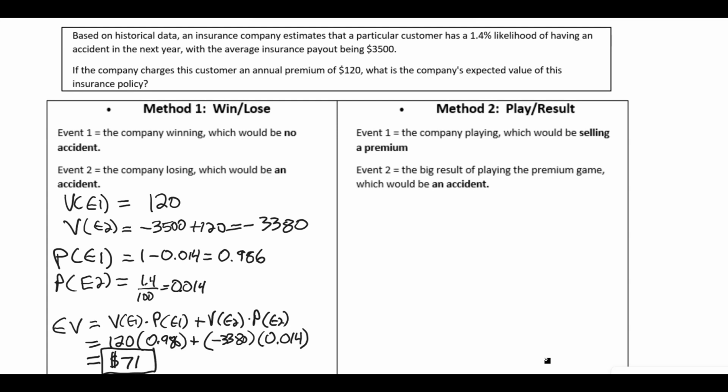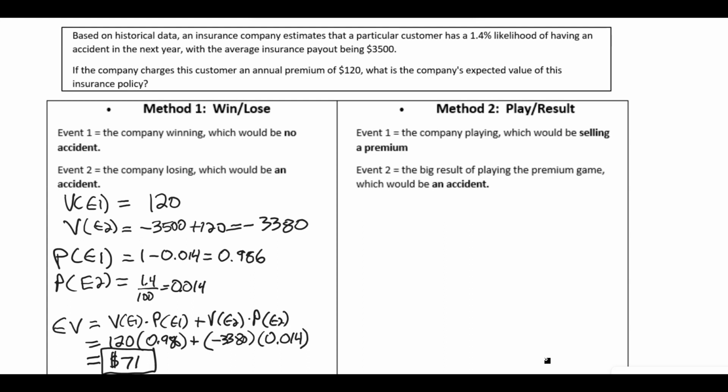This is the expected value to the insurance company every time someone buys their $120 annual premium. So clearly they're not expecting to keep all of that $120 because people get in accidents. But overall, if they sold a million of these, they'd expect to earn $71 off of each one.